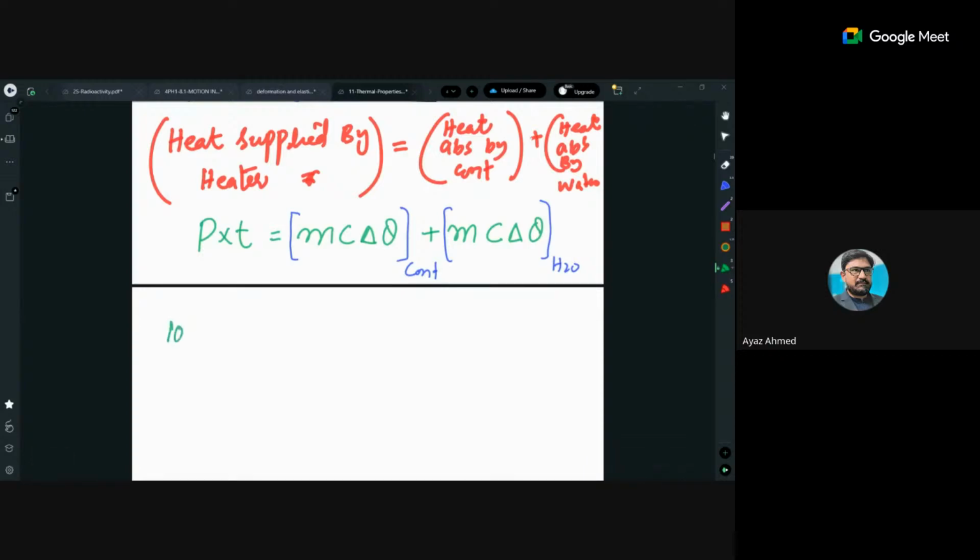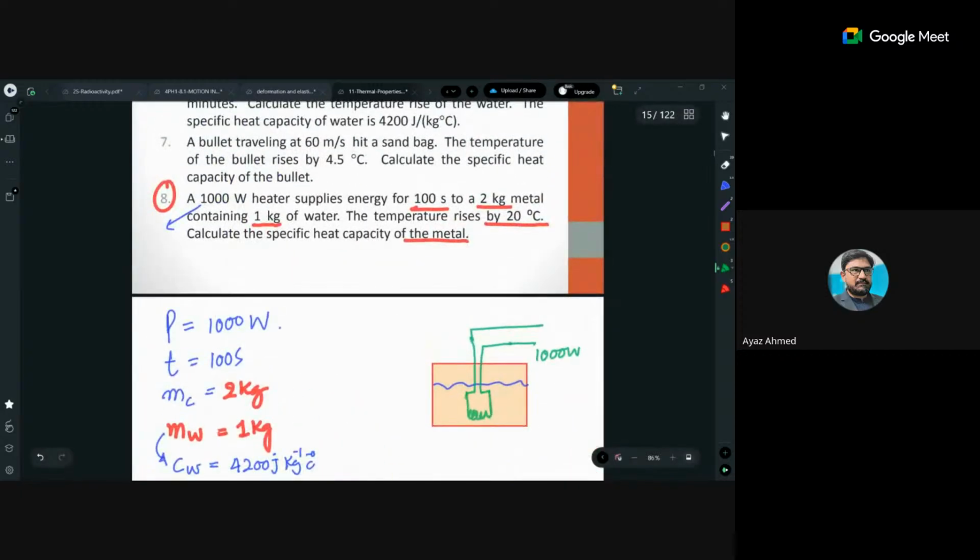Power of the heater is 1000 watt and it is running for 100 seconds. What is the mass of the container? Container is 2 kg, and the specific heat capacity of the container is unknown, and the change in temperature is 20 degrees.